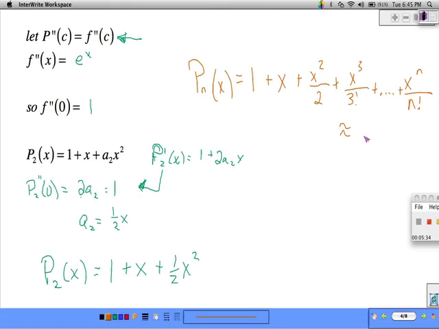That is approximately e to the x. And the more terms we add on, the better the approximation is going to be, provided that we're centered at 0.